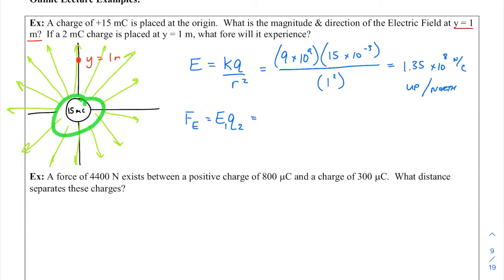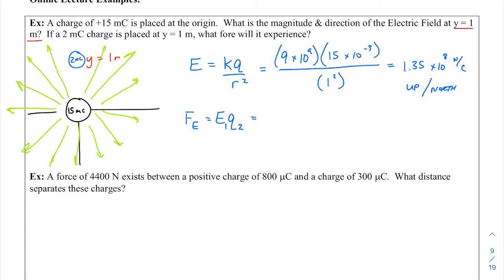If we call this particle 1, and I'm going to put a 2 millicoulomb charge there, this would be my charge 1, and I know the electric field at that point, and this would be my charge 2.